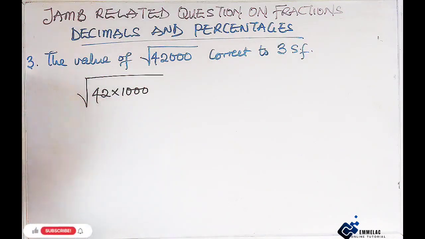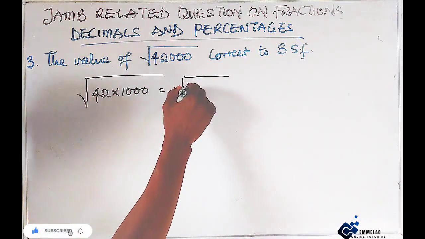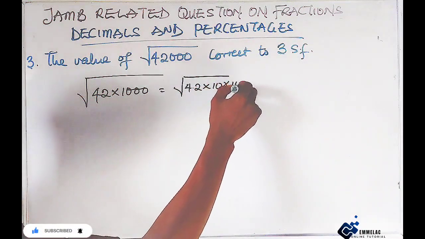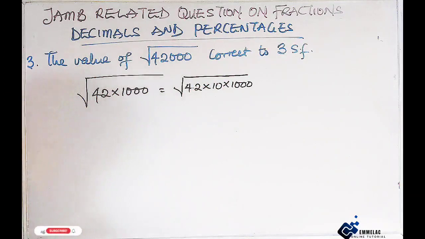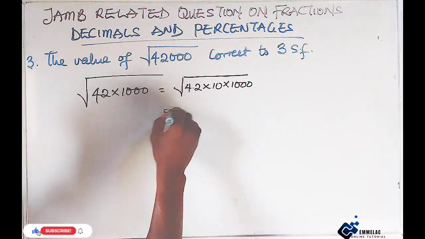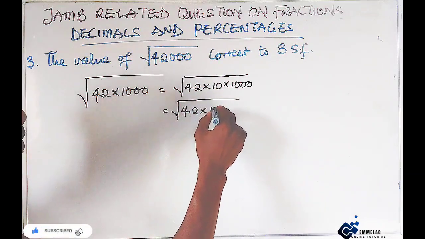None of them is a perfect square, so let us reduce further. Here we have 4.2 times 10 times 1,000. 4.2 times 10 gives us 42, so this is 4.2 times 10,000.